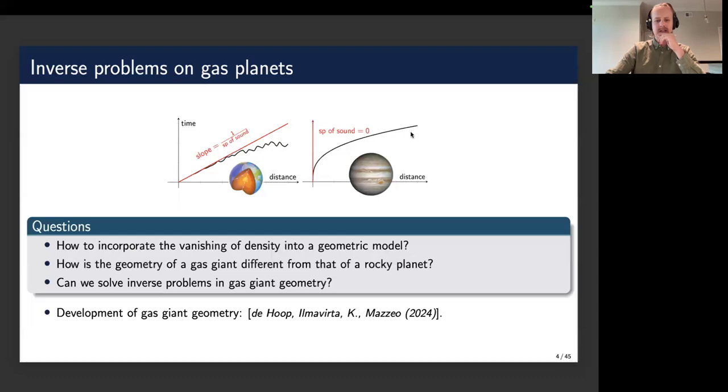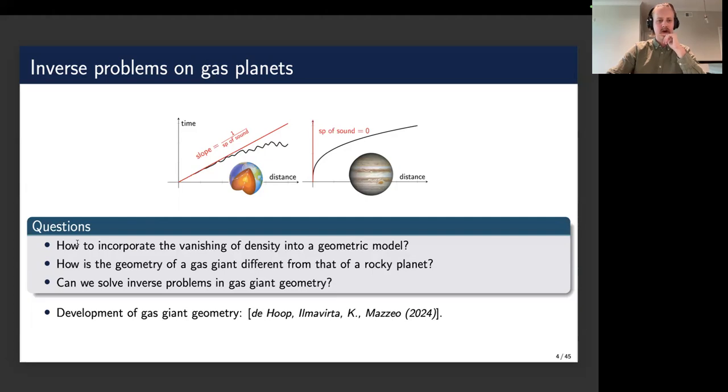On a gas giant, the density of the matter goes to 0 at the boundary of the planet, or at the surface of the planet, whereas it doesn't on a rocky planet. So in the case of a gas giant, we will see that the sound speed has a square root type of behavior in the distance to the boundary. I will explain later where this comes from, whereas on a rocky planet, it's a linear type of thing.